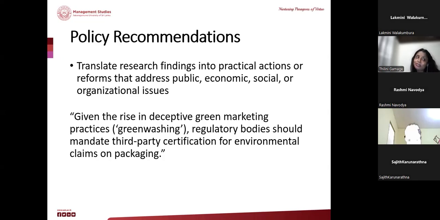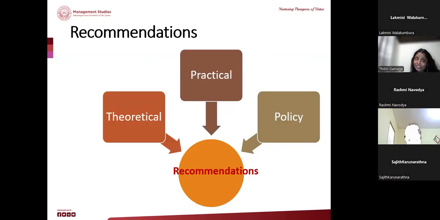And it has to be directly related to your research findings. As I told you, I was talking to you about different types of recommendations that you can see in research. As I told you, these recommendations should definitely derive from your findings.